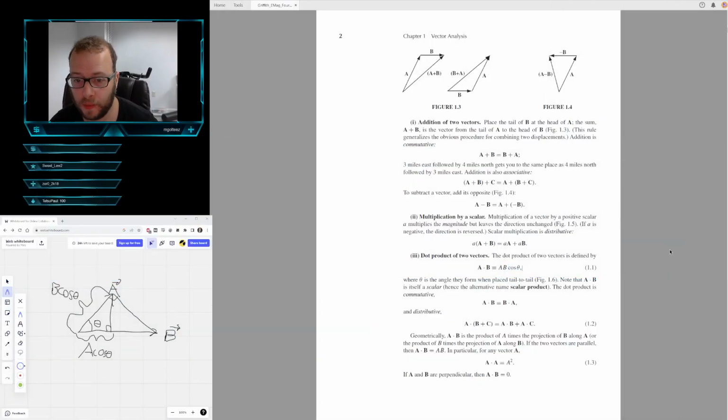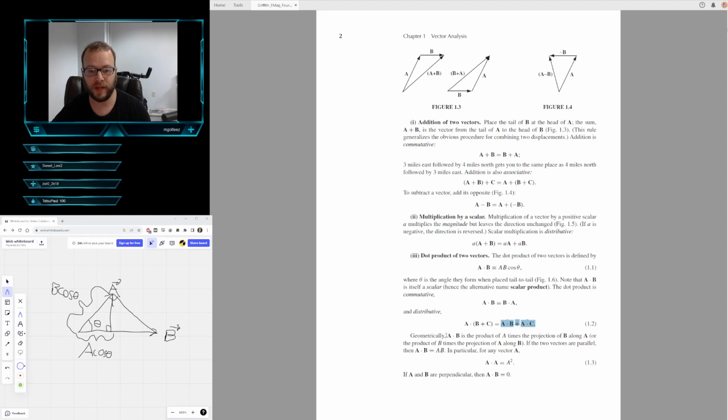So let's look at our additional properties of dot products. The dot product is commutative. A times B is equal to B times A. A dot B is equal to B dot A. And it is distributive. A dot B plus C is equal to A dot B plus A dot C. So the A foils across.